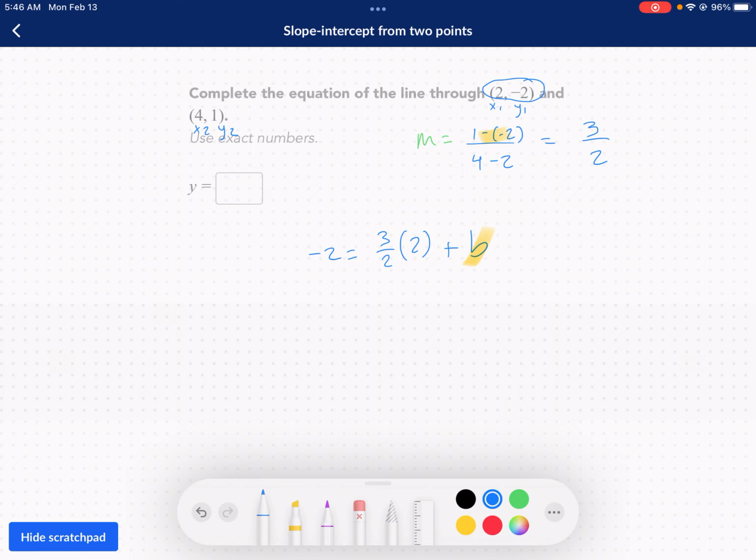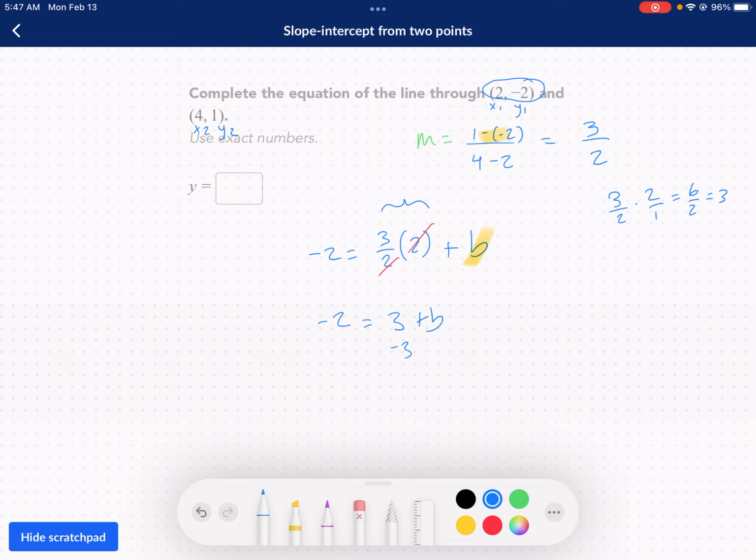This is not so bad because my first step is order of operations. 3 over 2 times 2, really that's 2 over 1, and I get 6 over 2, which is equal to 3. Another way I like to do it is just cancel it like this. The 2 in the top cancels with the 2 in the bottom, and you're left with just 3 plus b equals -2.